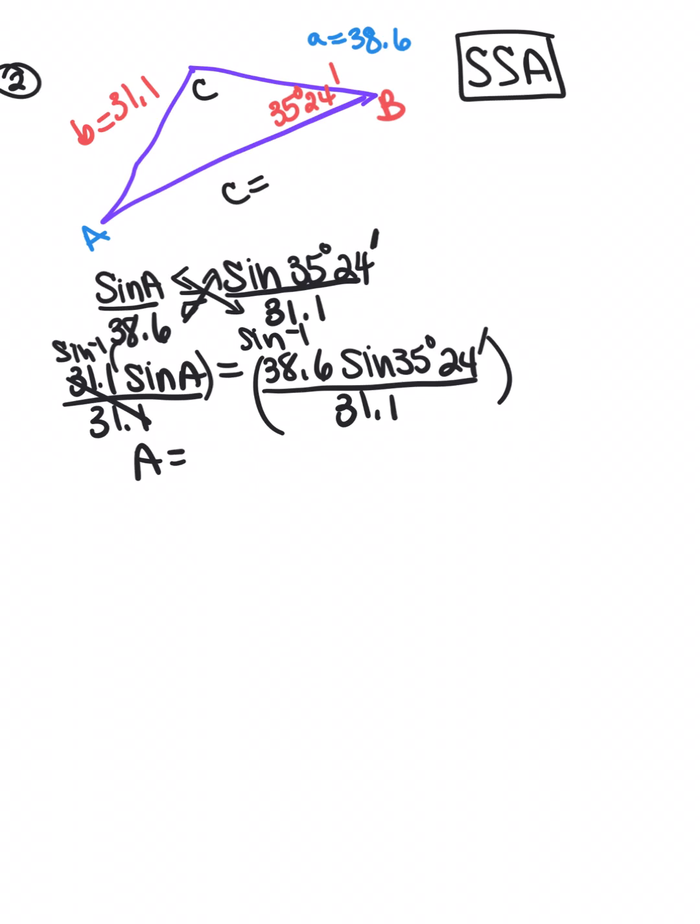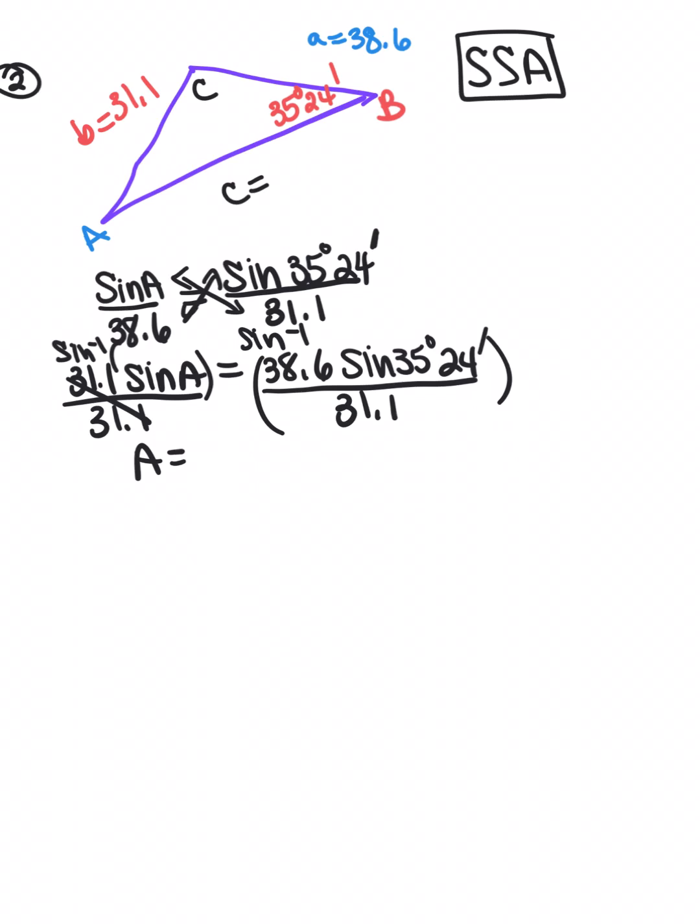You can hit second and sine, which will give you the inverse function, hit 38.6 times sine of 35, hit second angle, get the degree symbol, hit 24, hit second angle, get the minute symbol, close that parentheses, and then we're going to hit divide by 31.1. And if you have the fraction bar, you don't need to hit the divide symbol because it will do it. When you hit that, you get 45.97, and so on.